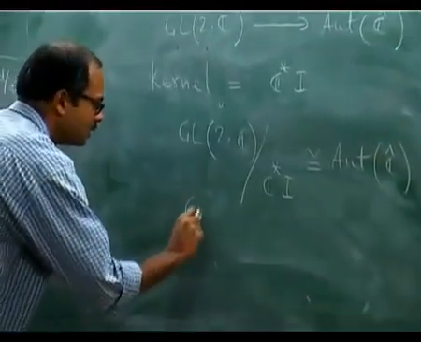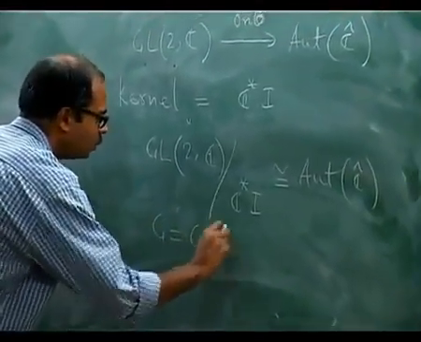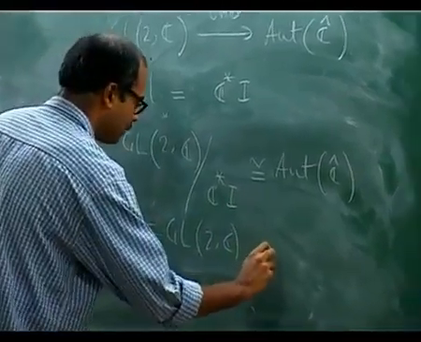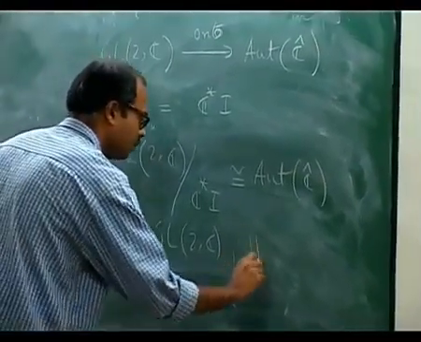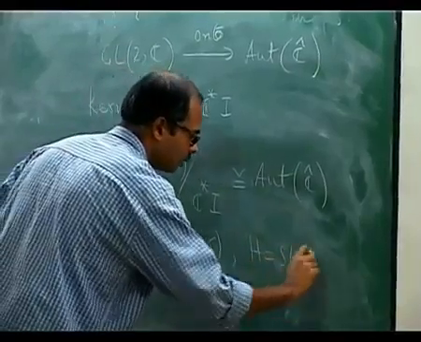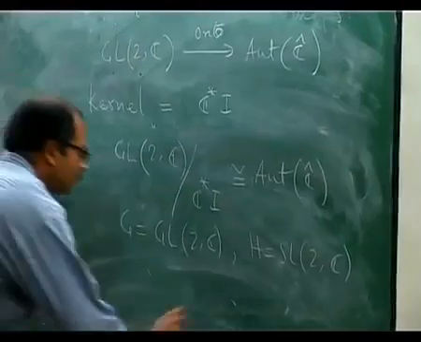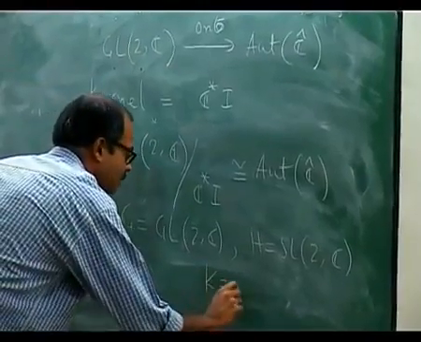Let's call G our GL2C, and say this SL2C, and K is this group.